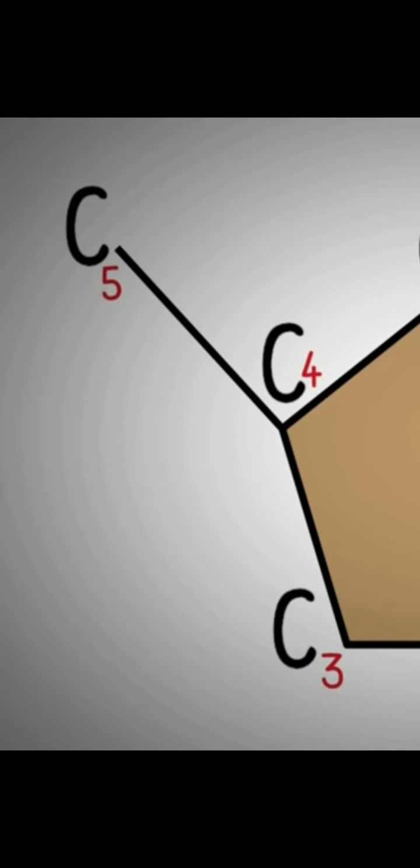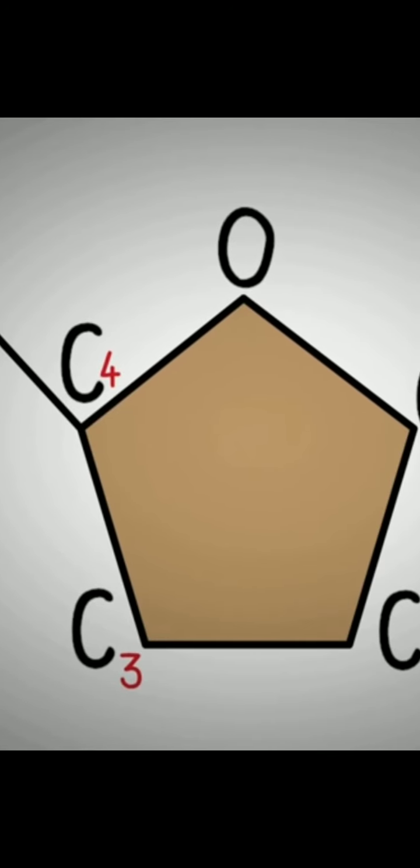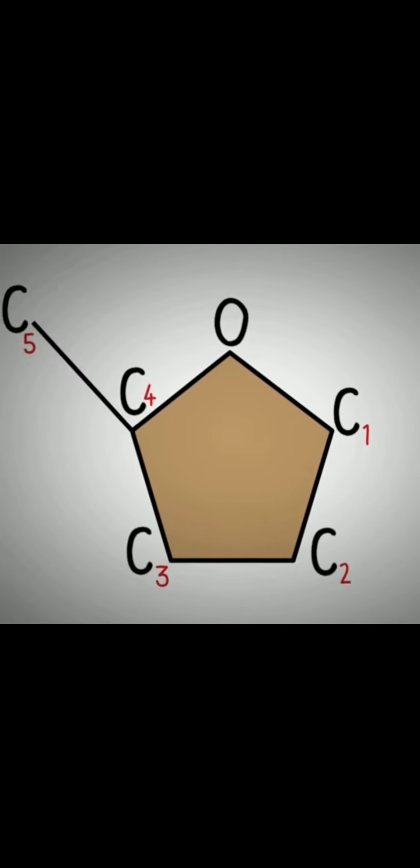We have the oxygen atom at the center topmost position. Carbon atoms are named from 1 to 5 in a clockwise direction. So the carbon atom next right to the oxygen is called carbon number 1, then carbon number 2, carbon number 3, carbon number 4 and carbon number 5. Carbon number 5 is located outside the ring.